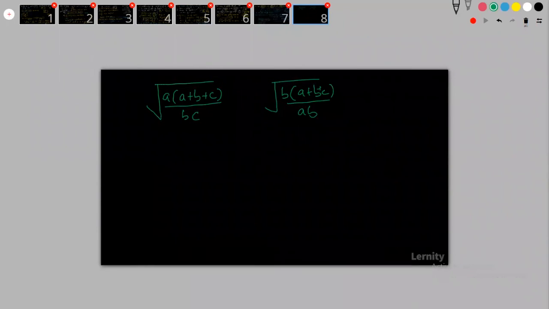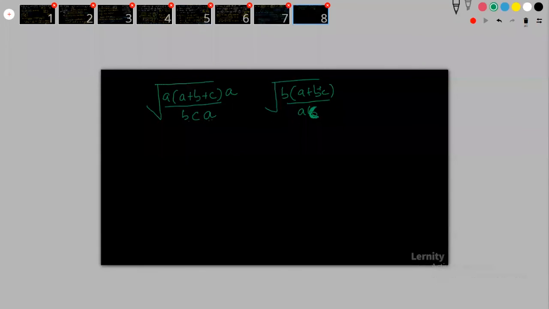See, here I have a, here I have bc. What part is missing here? A is missing here. If I divide this with a, I have to multiply this with a also. Okay. Now in this second part, ab, this is AC, right?